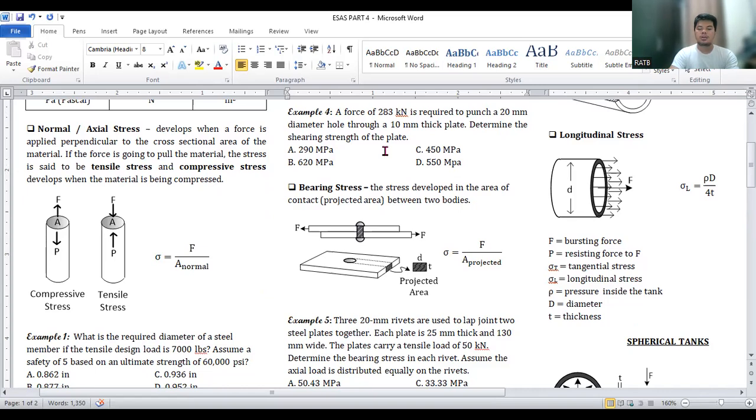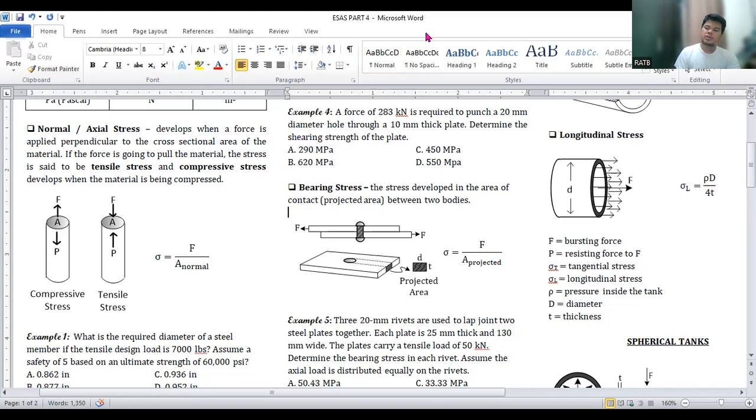The hole will have a 20 mm diameter, through a 10 mm thick plate. We are asked to calculate the shearing strength of the plate.